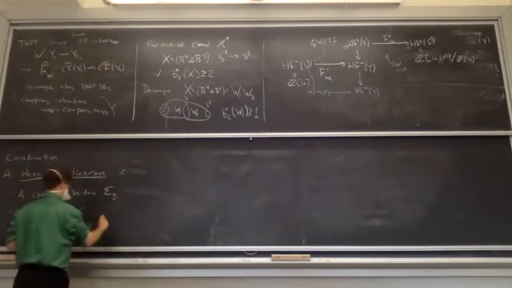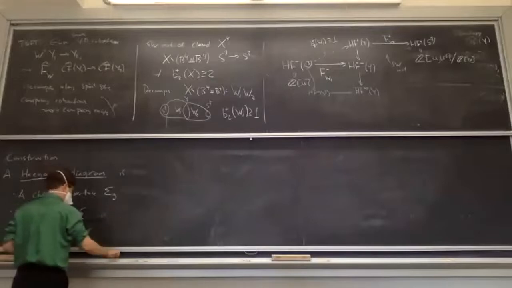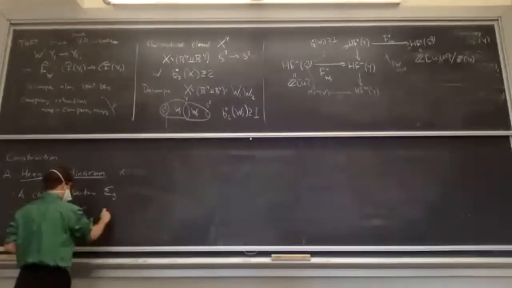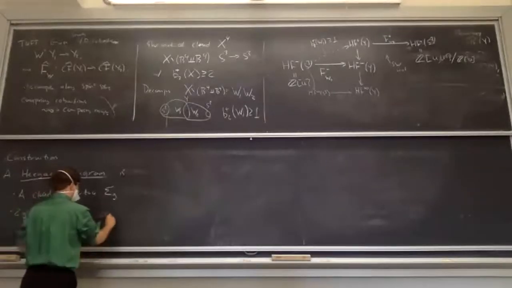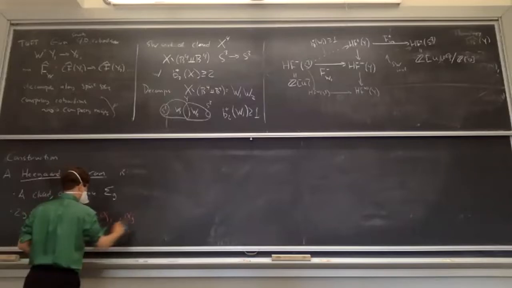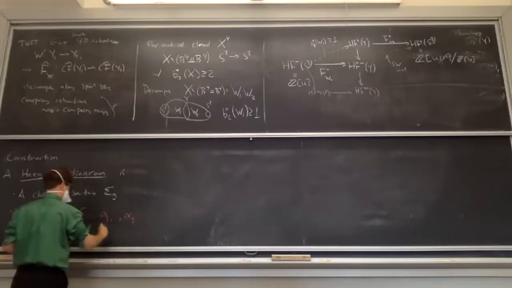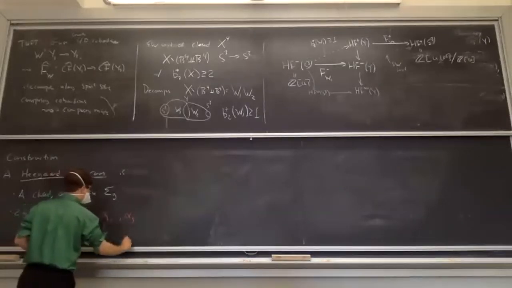I'm going to call them alpha 1 through alpha g, and beta 1 through beta g.